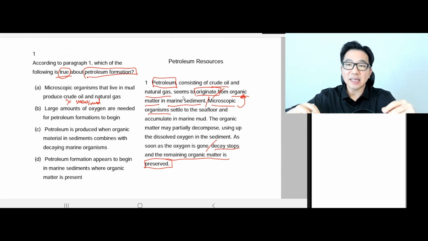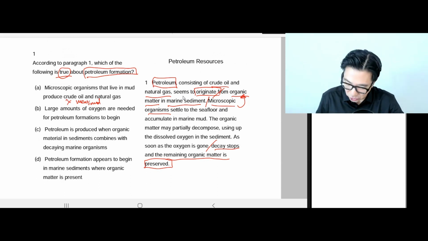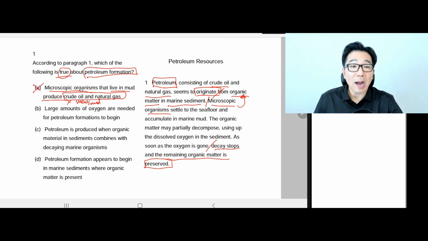Some of get decayed, but some of that gets preserved after there is no oxygen. That's it. There's no mentioning of this microorganism live in mud, produce crude oil and natural gas. We don't know yet. Like, we don't know how this happens at all. It's just the very starting point.